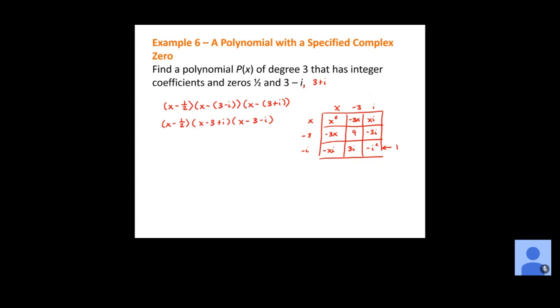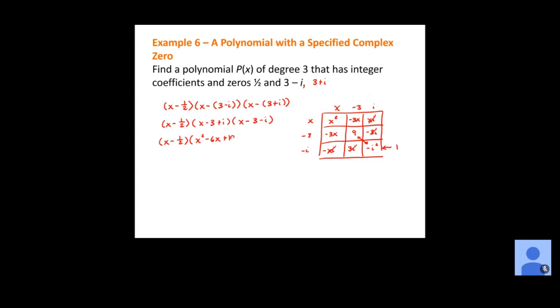Now we can combine like terms. I'll keep my x minus 1/2 factor here. We have an x squared that doesn't combine with anything, so x squared. We have negative 3x and a negative 3x. That's going to give us a negative 6x. Our xi and negative xi, those terms are going to cancel. Our 3i and negative 3i, those terms are going to cancel. And now we have this positive 9 and positive 1 that we can combine.